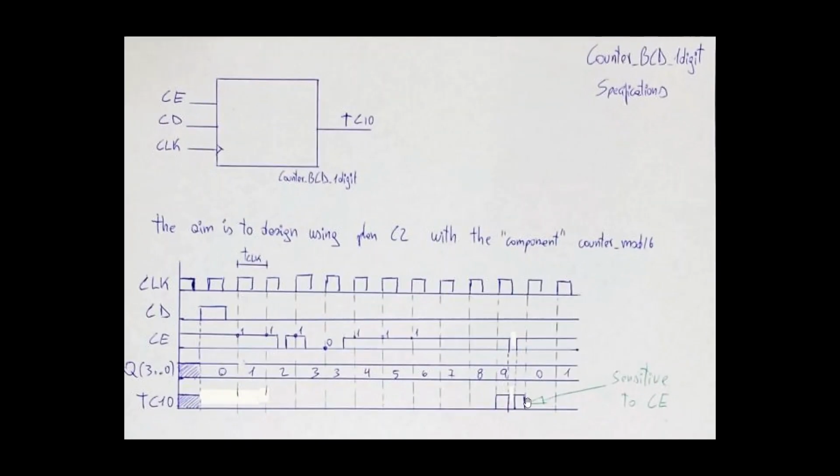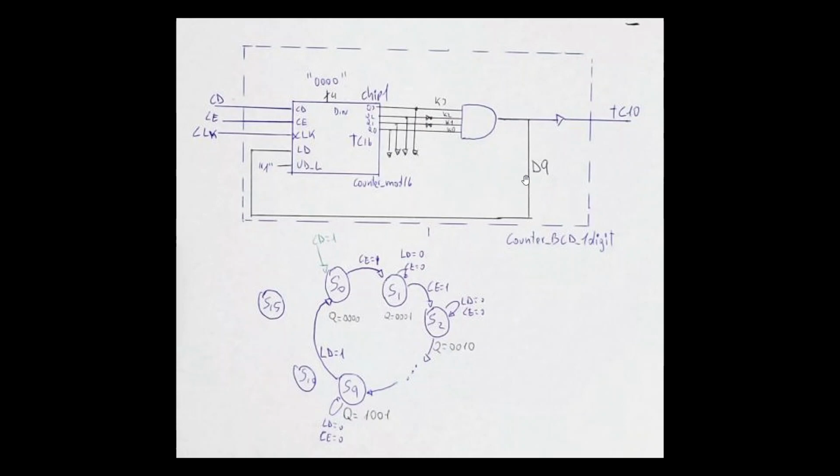So we can see here that the terminal count is sensitive to the count enable. As we can see here, this is another way to use the truncate technique.